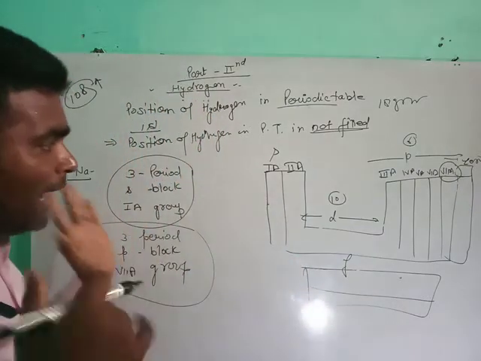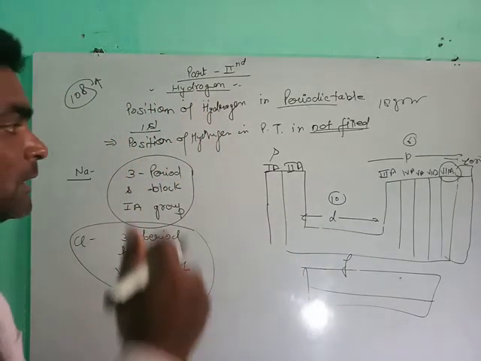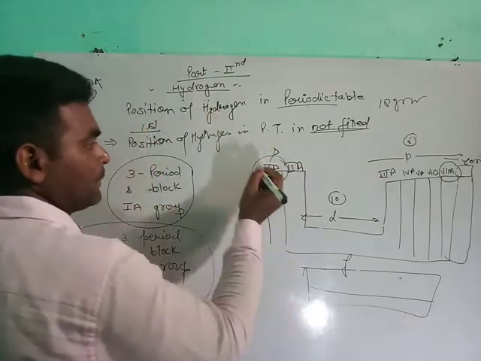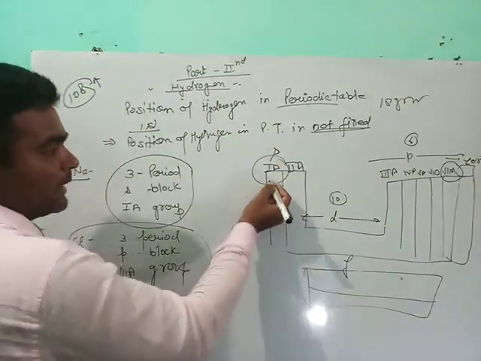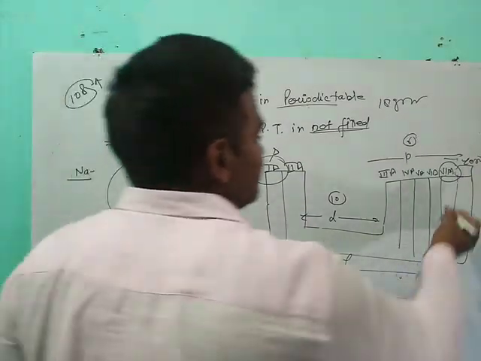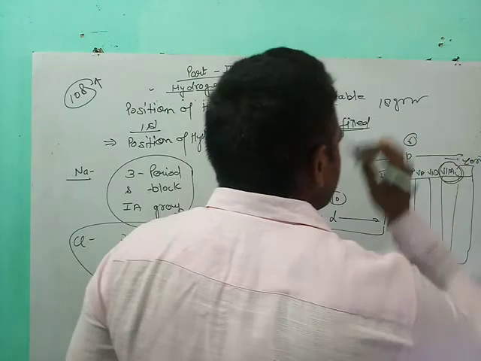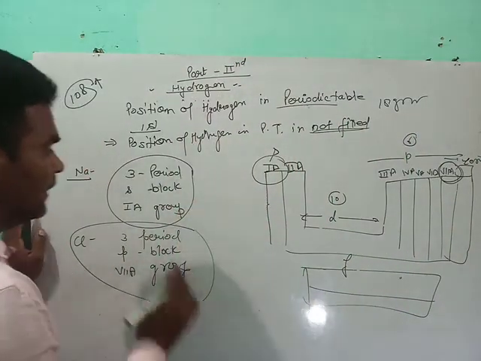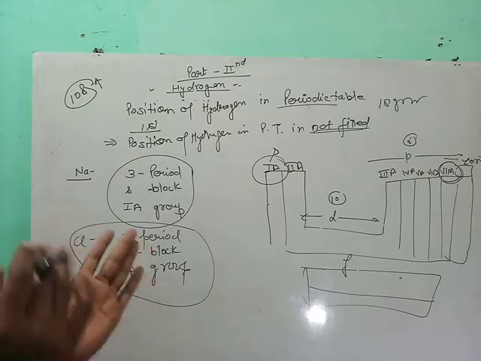And hydrogen is placed in the first A, and similarly hydrogen is situated in the seventh A. This means hydrogen has two different positions.